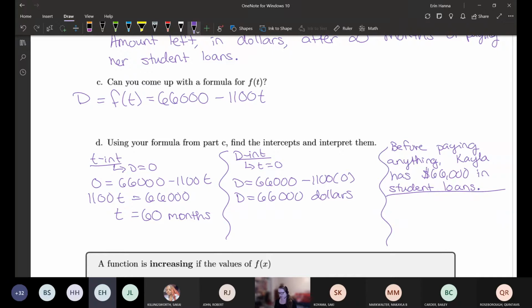And then for the T-intercept, it's essentially 60 months, $0. So essentially the time it takes for her to pay off the loan. You could say something like it takes 60 months for her to pay off the loan.